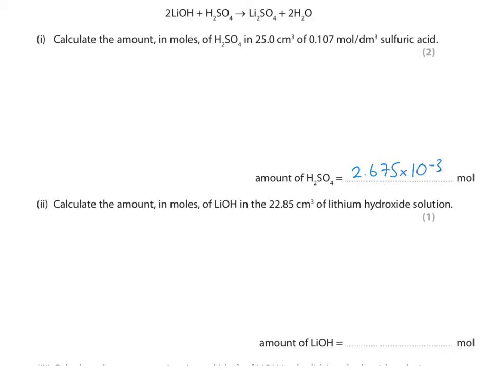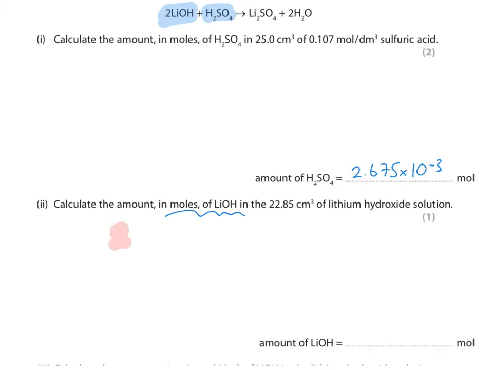So the next bit says calculate the amount in moles of lithium hydroxide. So we're moving from the moles of the acid, which is up here in the balanced equation, to the moles of the alkali. So we're going to use the relationship from the balanced equation.